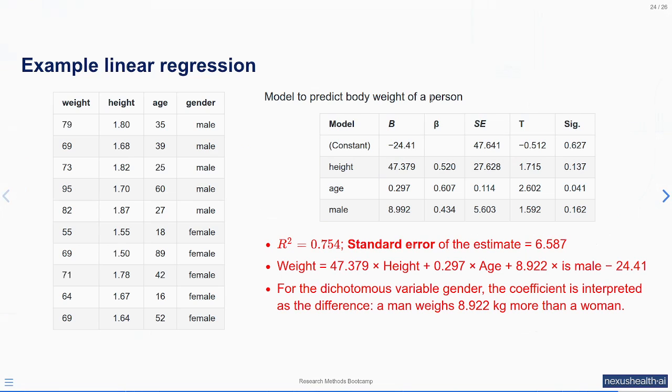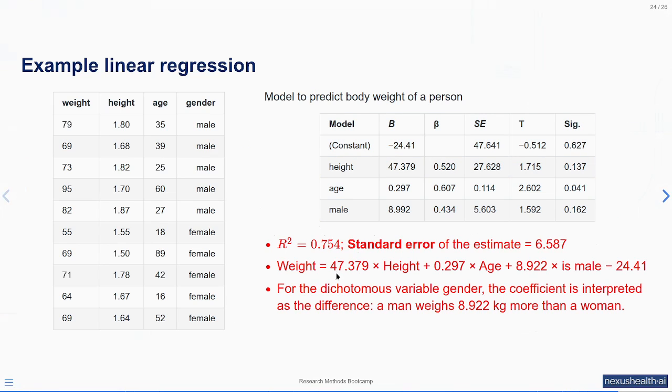So this is typically how we represent a linear regression model. We have here the R squared is 0.754 for this model, and the standard error of this estimate is 6.587. Now, how do we interpret this table?